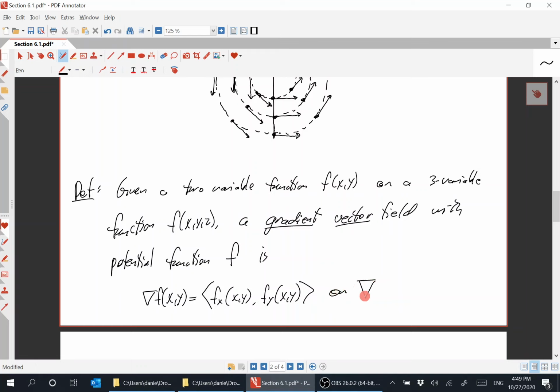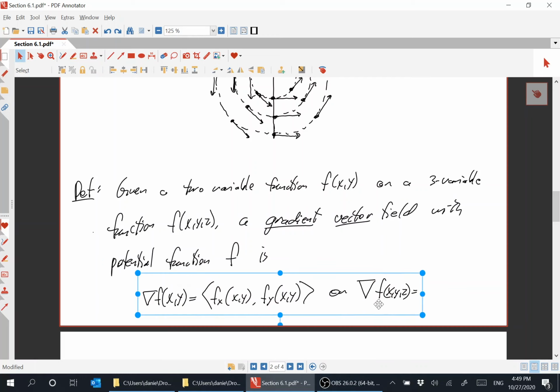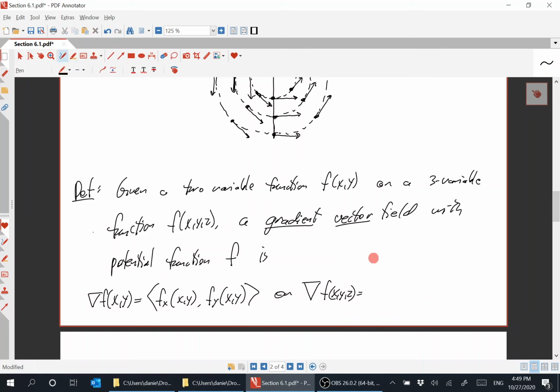Right? Or for the three-variable function f of x, y, z, this is equal to the partial derivative of f with respect to x, the partial derivative of f with respect to y, and the partial derivative of f with respect to z.